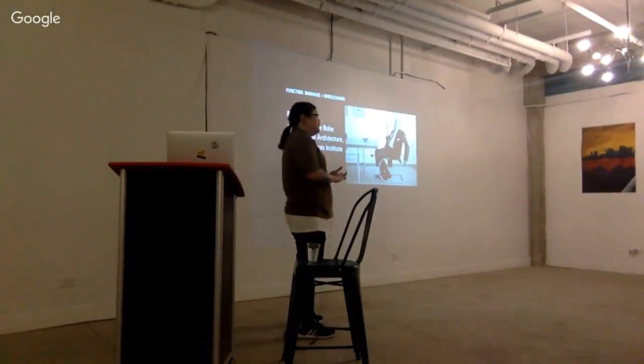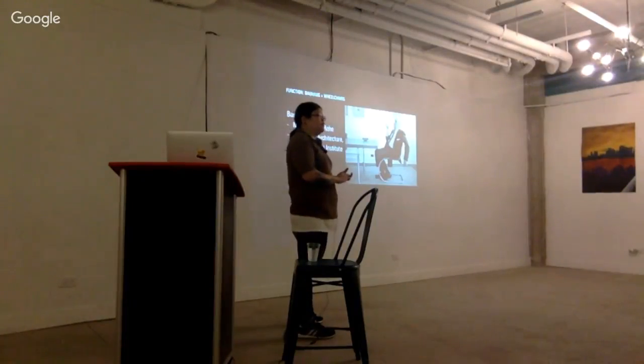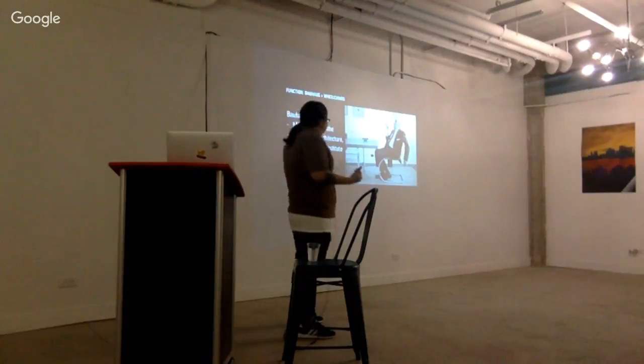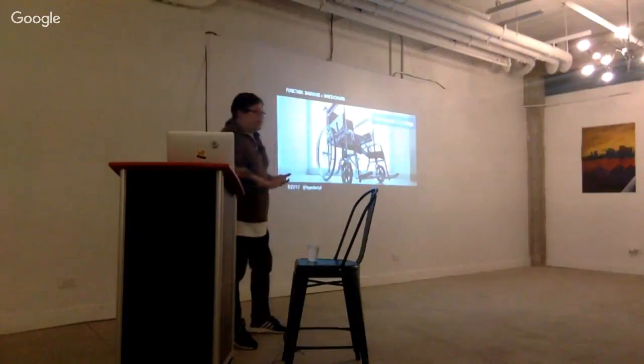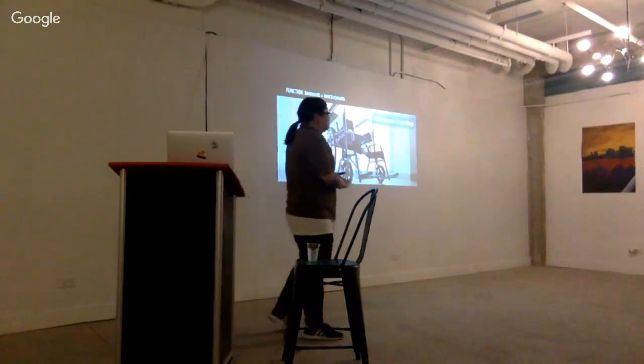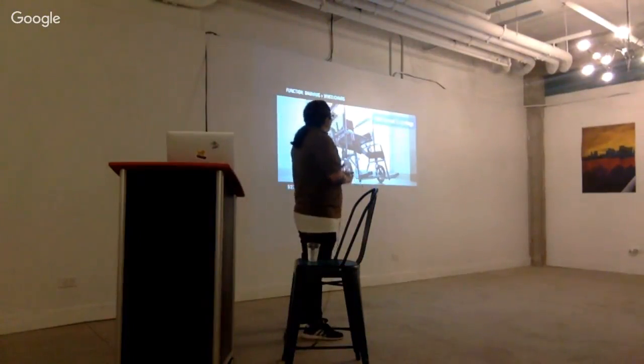He was also considered a valuable refugee. So many of Germany's best designers were able to come to America and influence the design here. And in 1932, that was when the first foldable wheelchair was invented.